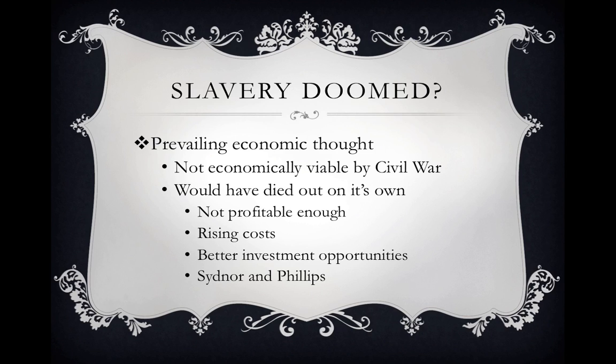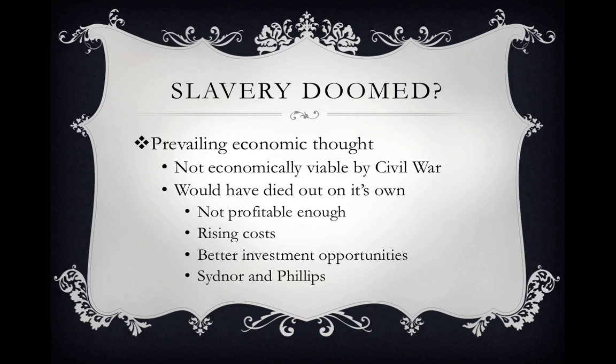So what we would have seen would have been a substitution of investments. Instead of investing money in purchasing more slaves, the plantation owners would have invested in bonds or stocks or any other investment. Basically, the assertion was that with the increase in the cost of slaves, the profit margins of plantation agriculture were declining and other investment opportunities were increasing in value.